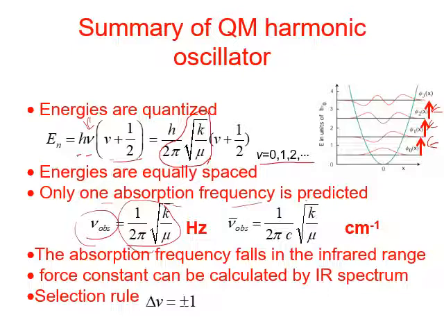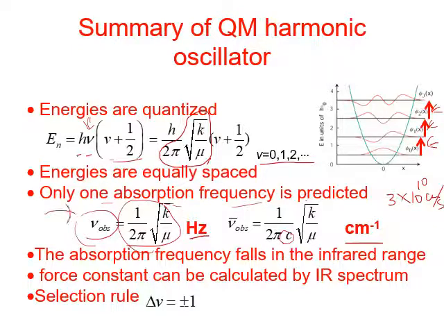Using this equation, the unit is in hertz, and when you divide by the speed of light, which should be written as 3 times 10 to the 10th power centimeter per second, the unit will be inverse centimeter. Again, the absorption frequency of the vibration falls in the infrared range.